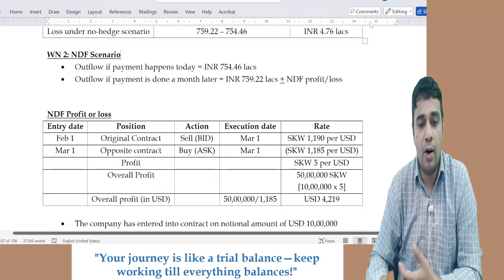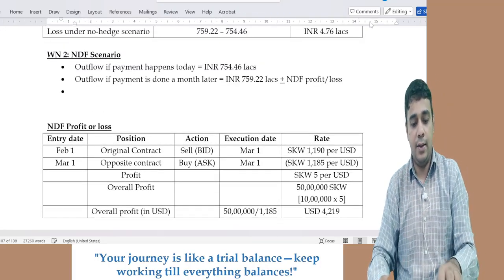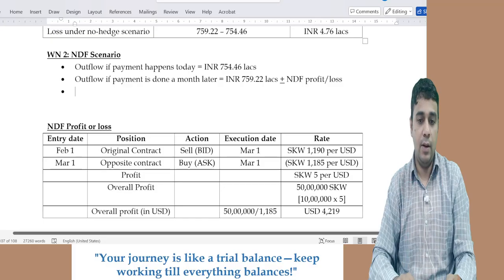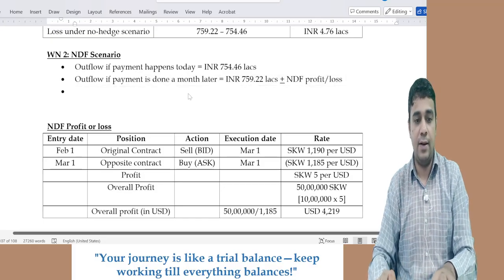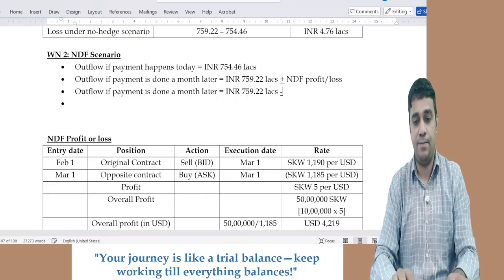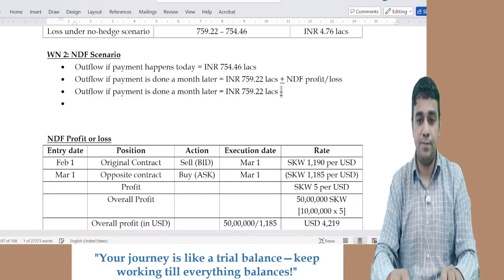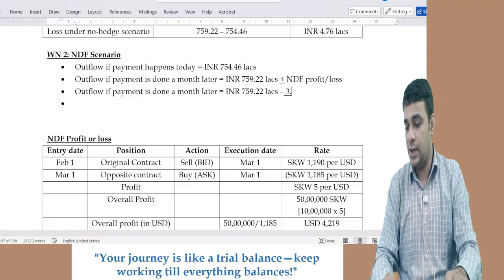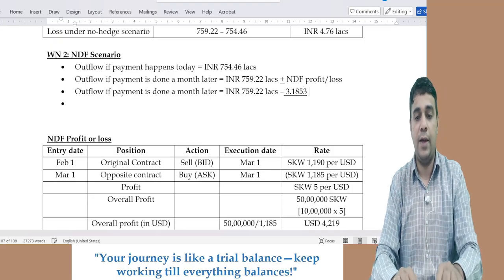And now I get this dollar. I come back here. Outflow if payment is done a month later is equal to 759.22, minus, because this is an outflow. 759 is outflow. This is inflow, 3.1853 lakhs.